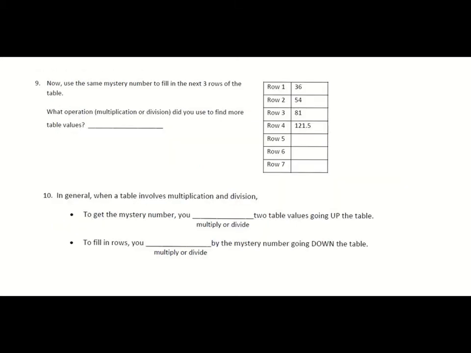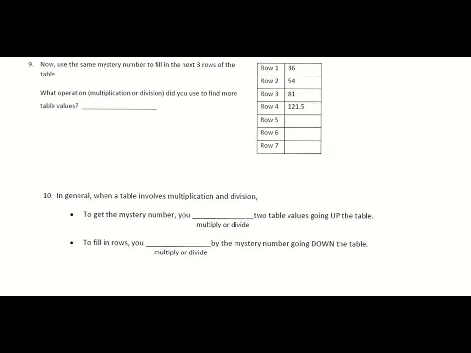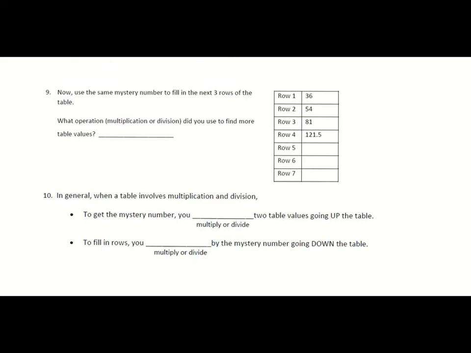Okay, so now they want you to use that same mystery number to find the next row. So 54 divided by 36 is going to get you 1.5.